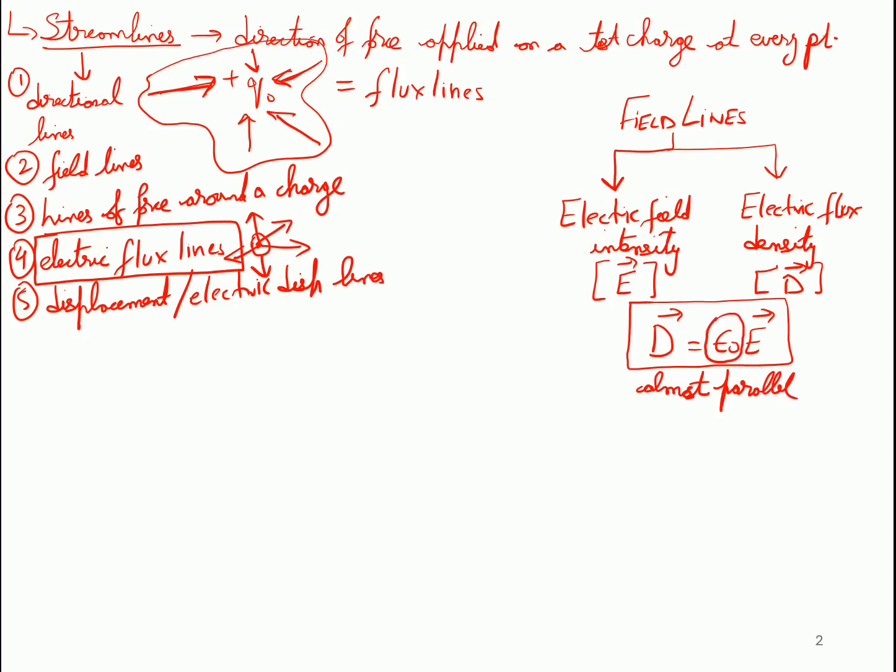So here epsilon naught is the property of any material. If you're talking about air, the value of epsilon naught comes out to be 1. If you're talking about vacuum, the value of epsilon naught comes out to be 8.85 times 10 raised to power minus 12 farads per meter.